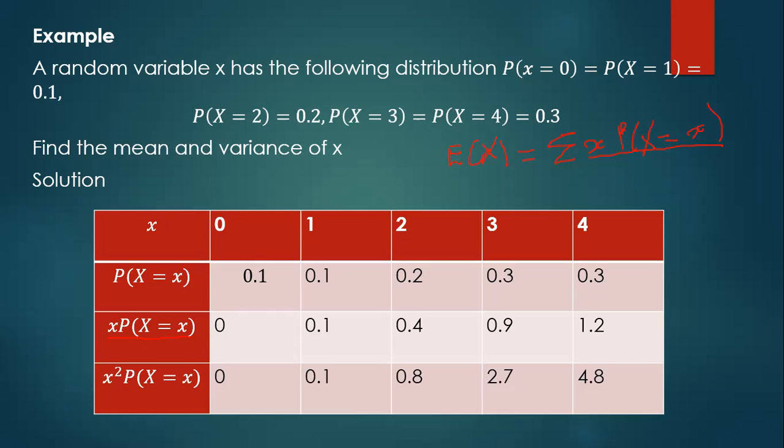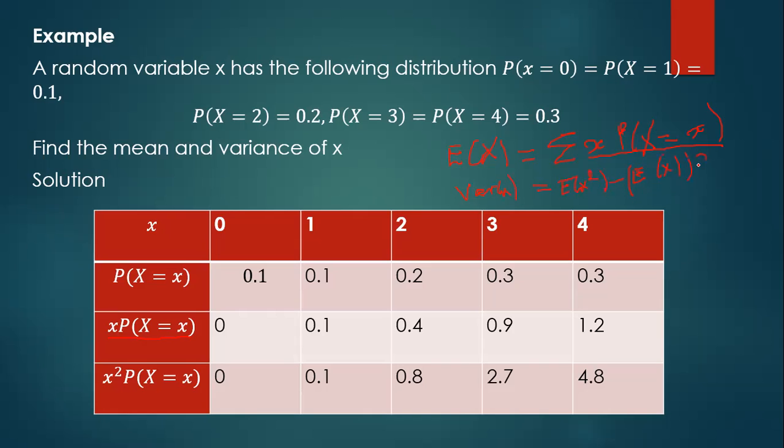Then now we get to the formula for variance. We need to find expectation of x squared minus the mean squared as well.